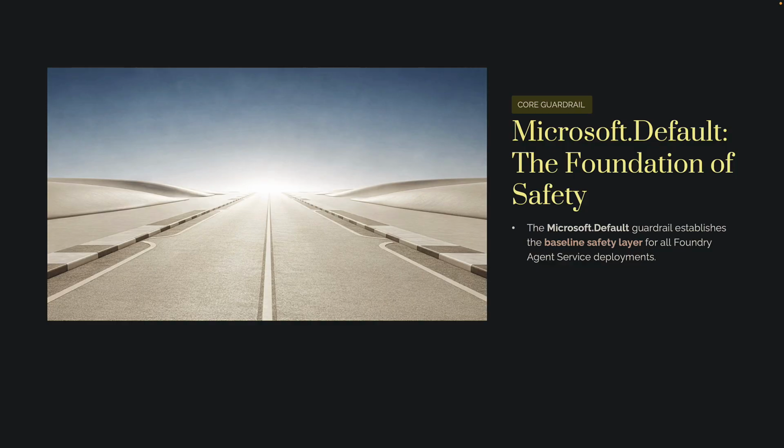So all these were covered in that. And it is automatically applied to ensure every AI interaction meets the fundamental ethical and safety standards. So any agent that you were creating, this guardrail, which was Microsoft default, was automatically attached to it, right?